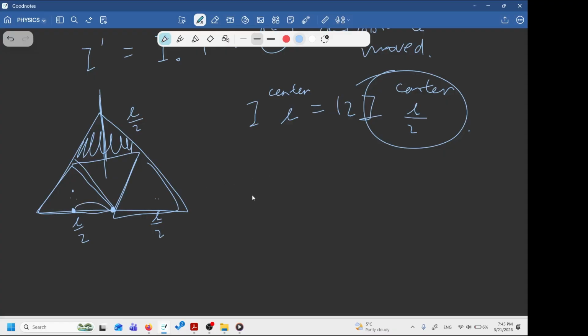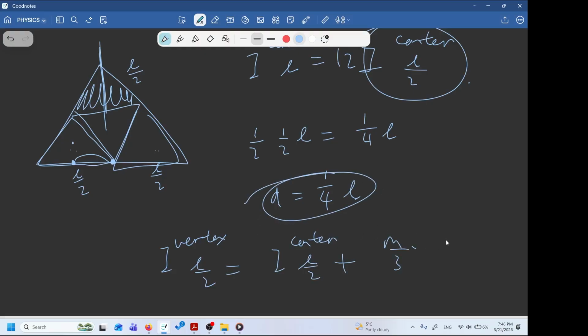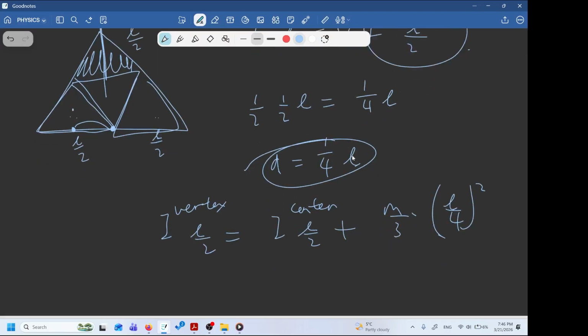It is half of this side length, half of L over 2, right? So it's just 1 over 4 L. And so D equals a quarter L. And so now we know that I vertex L over 2 equals I center L over 2 plus M over 3 times the distance moved, which is L over 4 squared.